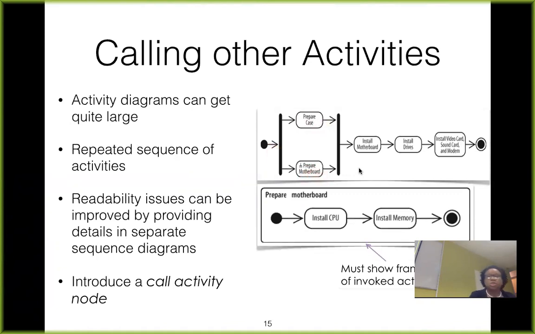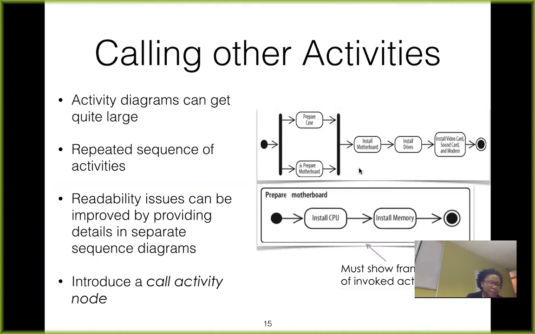So prepare case is just prepare case, but this prepare motherboard means install CPU and install memory. That's what it's really telling you. So it's just a way of making a diagram easier to read. But the fact that the rake is there tells you that the details of prepare motherboard are defined somewhere.